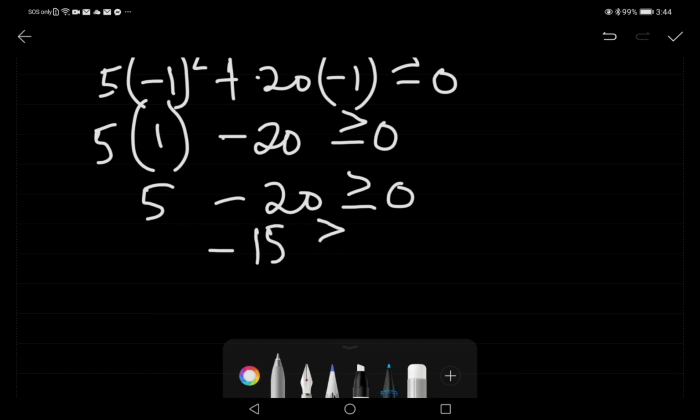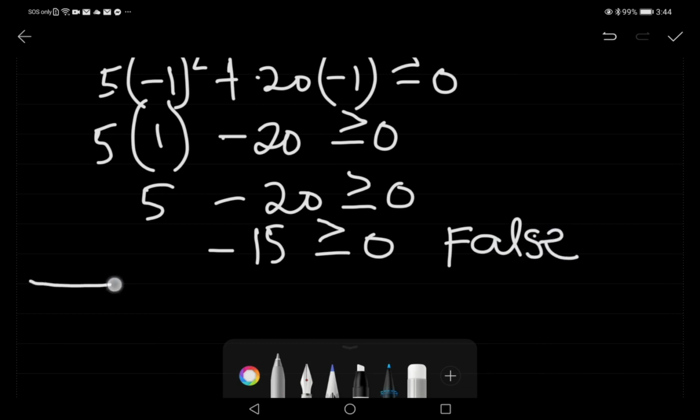It's greater than or equal to 0. So this is false. Kay ang negative 15, mas gamay man na siya sa 0. So this is false.